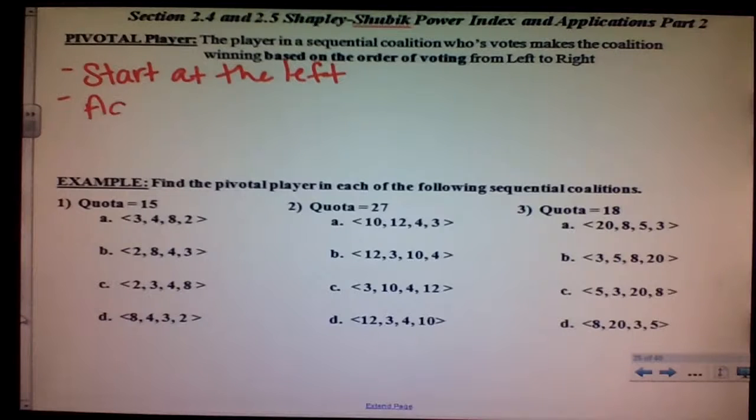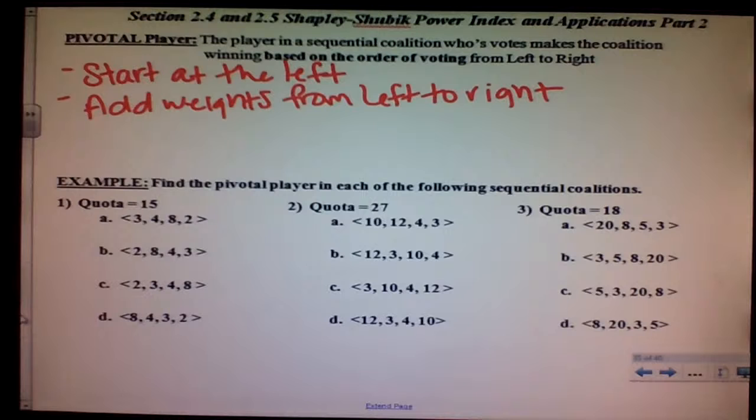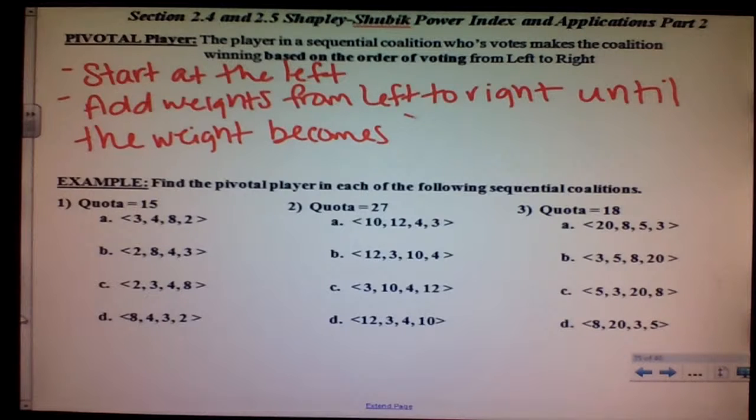You are going to add weights from left to right until the weight becomes greater than or equal to the quota. Then you stop. Once you stop, that's your pivotal player.